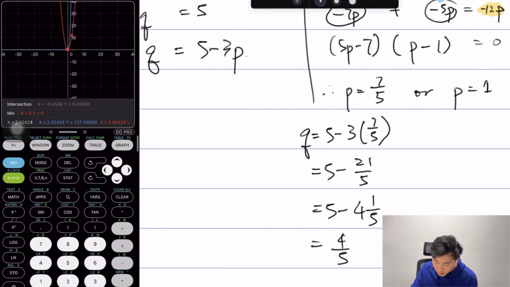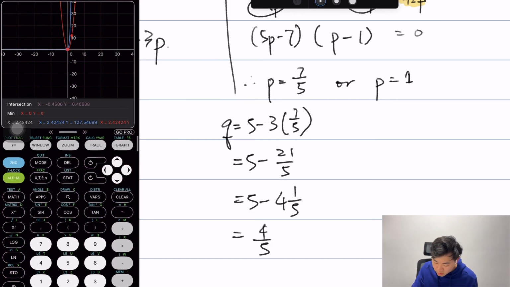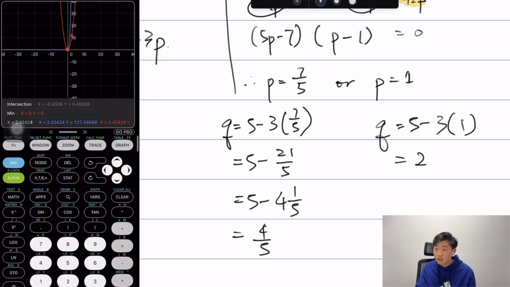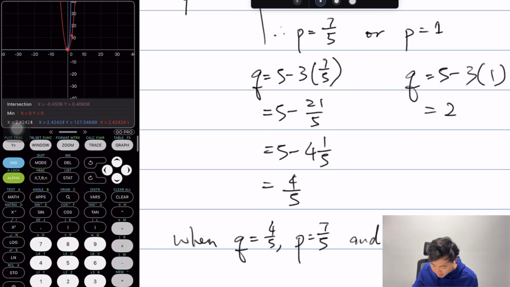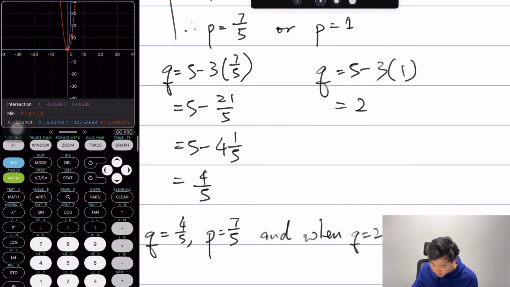So when p is 1, q equals 5 minus 3 times 1, which equals 2. So these are the two answers. When q equals 4 over 5, p equals 7 over 5. And when q equals 2, p equals 1. That is your answer.